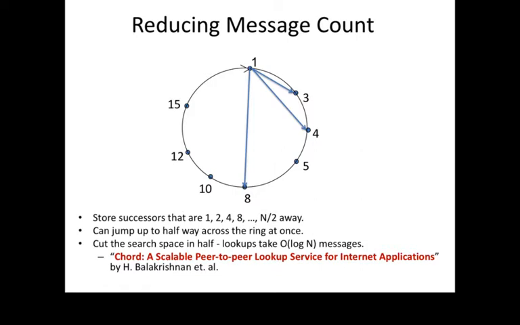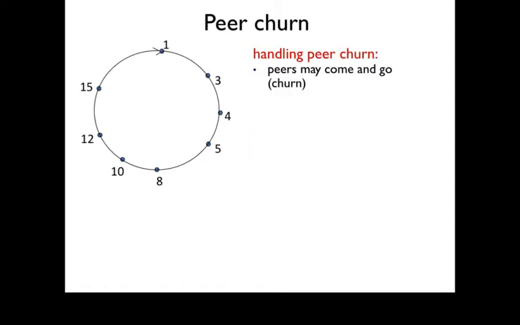It's perhaps one of the most influential papers in the last, I would think, 10 or 15 years. The paper is called Chord, and it describes this system. It had a lot of impact in the P2P space, so you should read it.